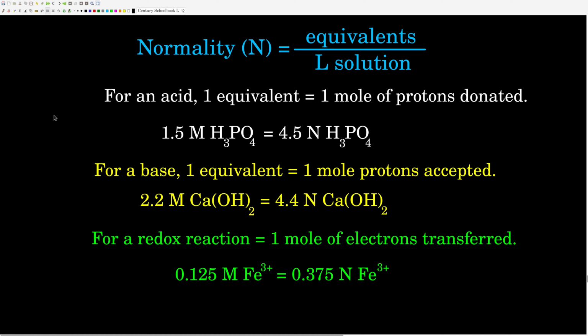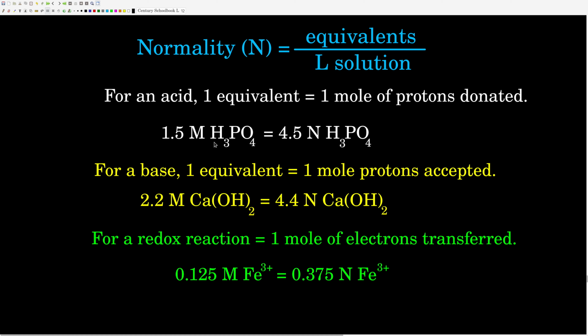So for example, if we have a solution that is 1.5 molar in phosphoric acid with 3 acidic protons here, then the normality of that phosphoric acid in that solution will be 3 times that, or 4.5 normal, because we have 3 acidic protons. So that means the number of equivalents is 3 times the number of moles.